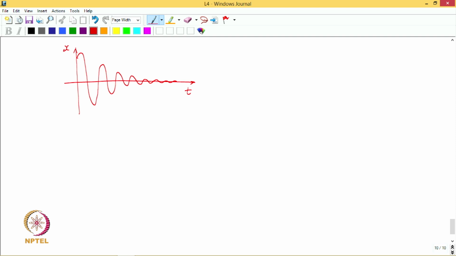If you increase the value of zeta, then the curve would change in this manner, it may be something like this. So, this is the damped free vibration response for a higher zeta, and this is for a lower zeta.